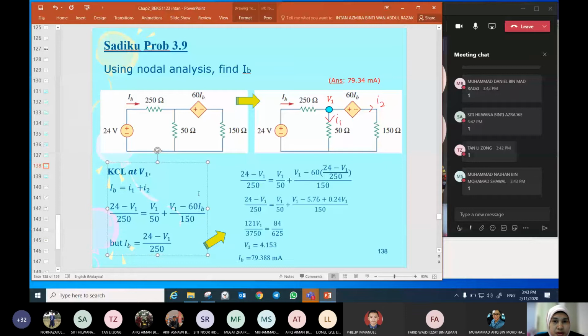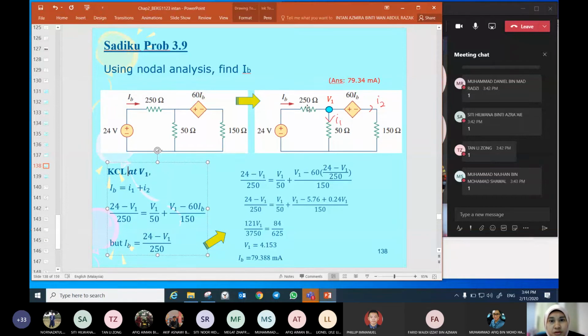We substitute each I with Ohm's law. IB is the current flowing through 250, from this to V1, so 24 minus V1 divided by 250.